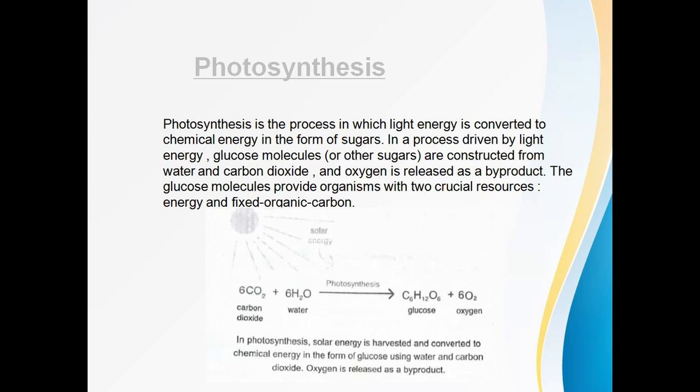In the cell organelles, we discussed in Unit 1 the structure of chloroplast. I even asked you to draw the diagram of chloroplast. So chloroplast present in the mesophyll cells of the leaves in the plants will help in the process of photosynthesis.